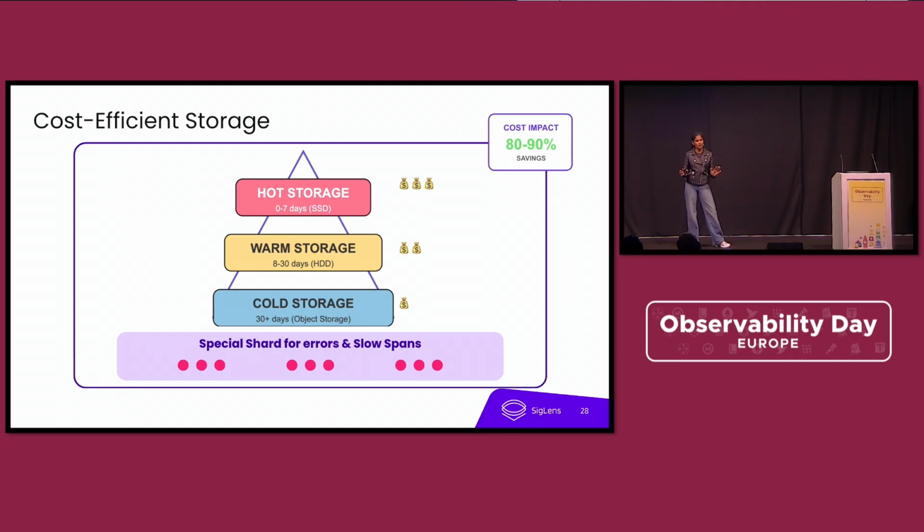You store intermediate data here, and we store that in cost-effective HDDs. Then the last is cold storage, where we store the historical data, which is more than 30 days. And you use object stores here, like S3, GCS. And then again, you have the special shard for the errors and the slow spans.